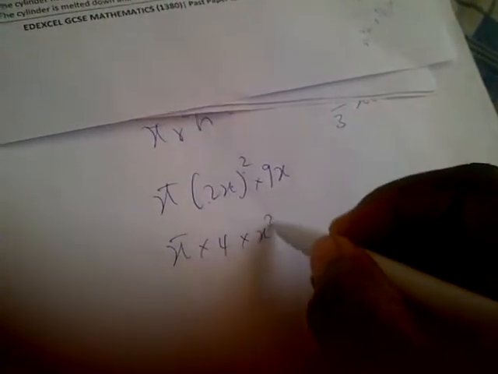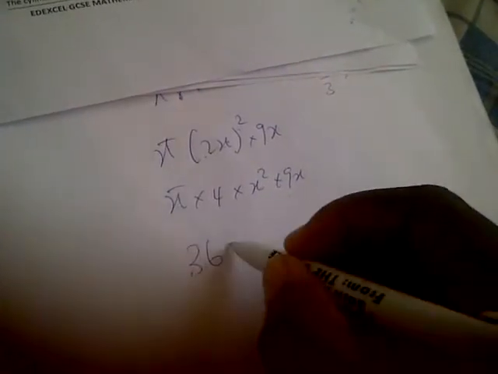So we have pi times (2x) squared times 9x, which gives us pi times 4x squared times 9x. This will give us 36 pi x cubed.